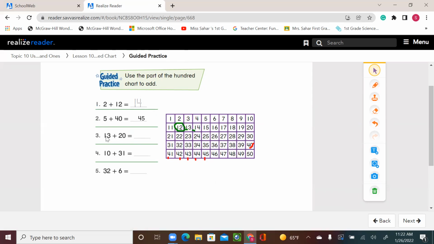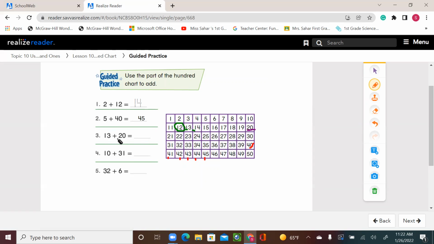All right, let's go for number 3. 20 plus 13 or 13 plus 20. I know I'm looking for my greater number, 20. Look for your 20 and put a mark so you won't miss it or make a mistake. I'm going to use purple. I'm just going to put a small line here, 20. How many numbers do I need to add? 13. That means 1 whole row and 3 ones.